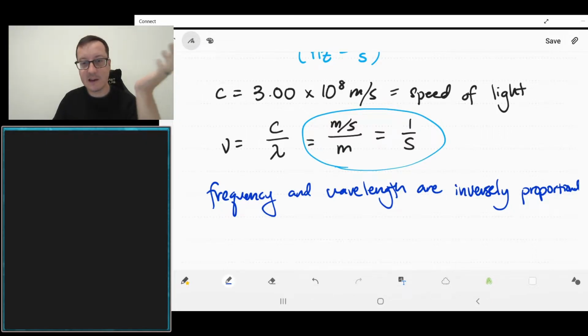If frequency is how many wavelengths we could do, and we're traveling at the same speed all the time, if we have a very long wavelength, we're going to get through fewer of those going at the same speed. But if our wavelength is very short, we're going to go through a lot of them. So we're going to see that frequency and wavelength are inversely proportional. That means when one goes up, the other goes down.